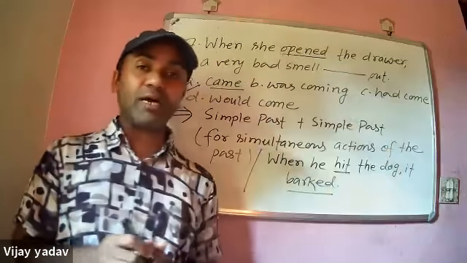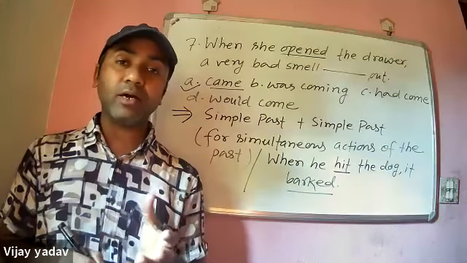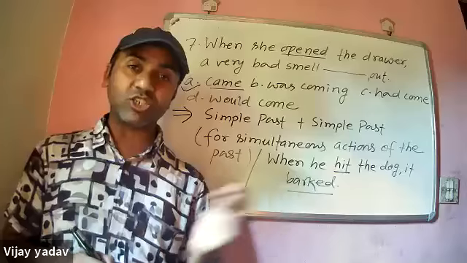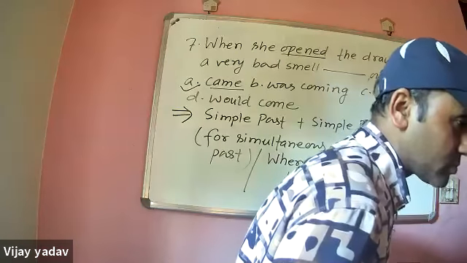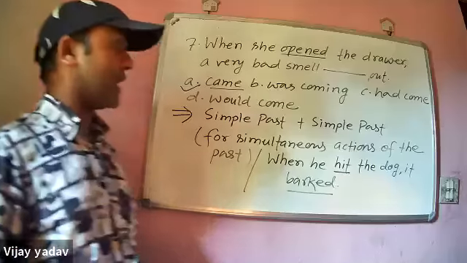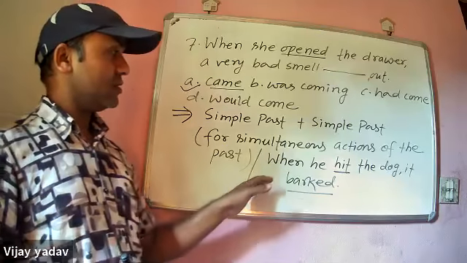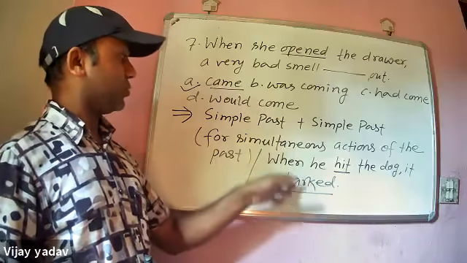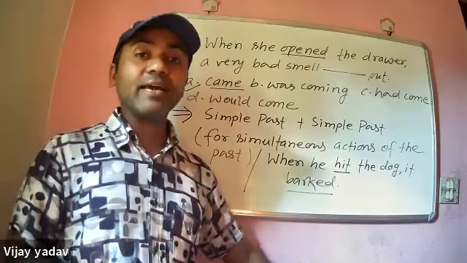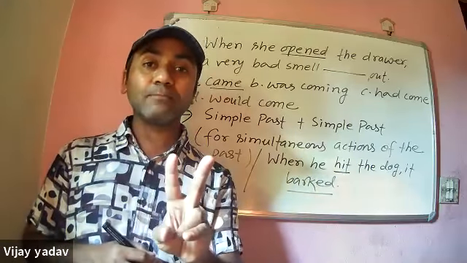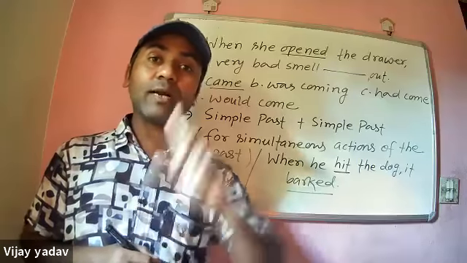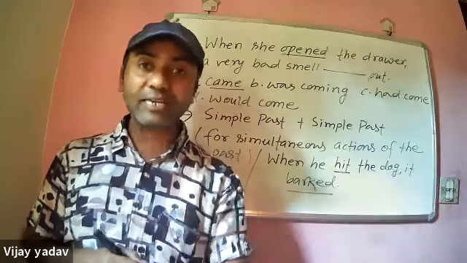And one thing to remember, here in place of when, we can use as soon as. Had been we don't use here. Had been is past perfect. I have already told you, in the past, if two actions happened, one happened earlier, another happened later on.